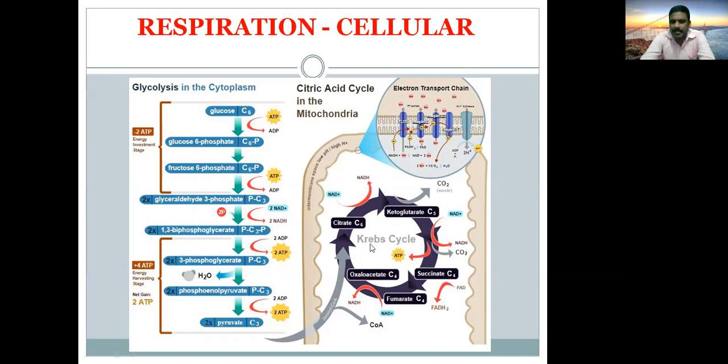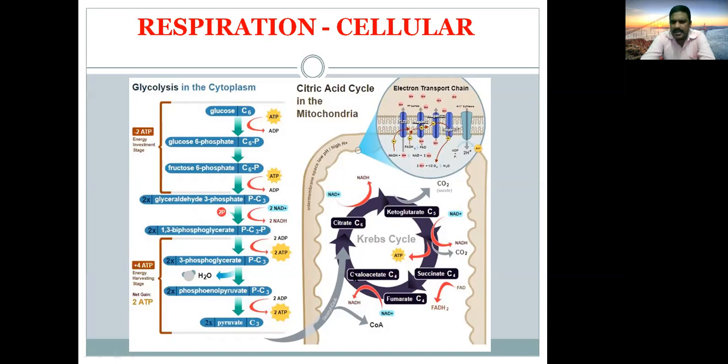So by the end of the Krebs cycle, glucose will be broken down into 6 carbon dioxides. But energy liberation, energy production will not be done by this Krebs cycle. Why? Because when glucose is being broken down into carbon dioxide all this way through glycolysis and through the Krebs cycle, in the intermediate phases, some NADHs and some FADH2s will be formed.